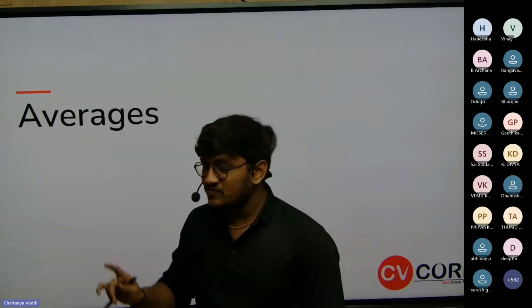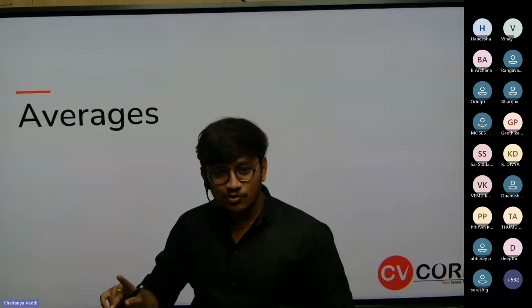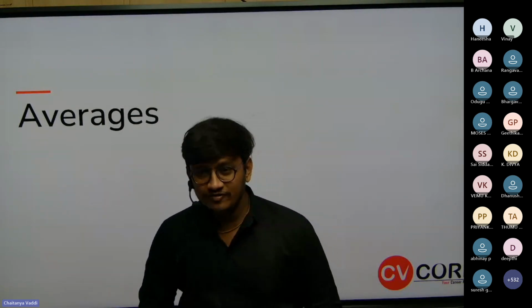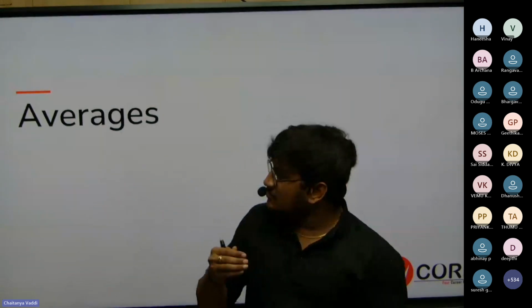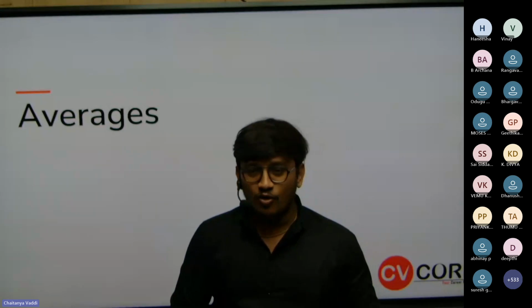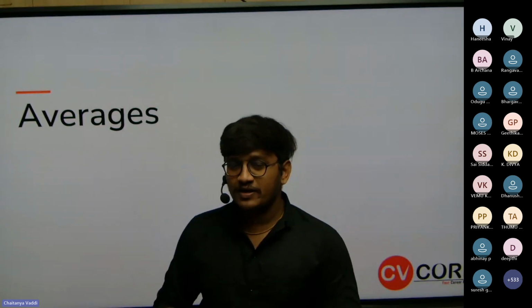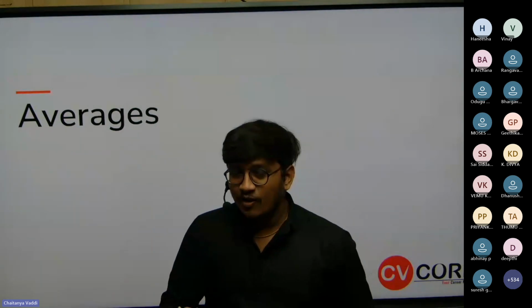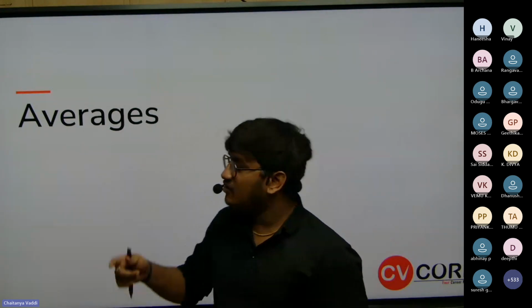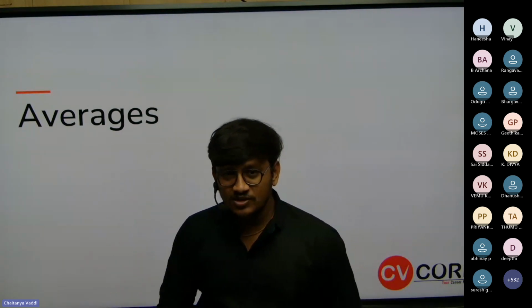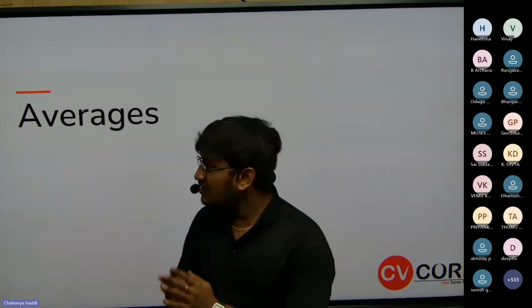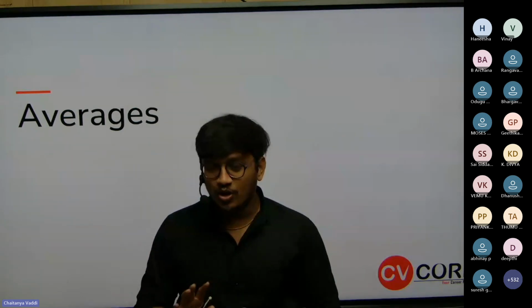Surely we can expect one or at most two questions in TCS NQT from averages, either in the foundation round or in the advanced round as well. In the advanced round, there might be chances you get questions without options, so don't depend completely on options. You should depend on the concept.